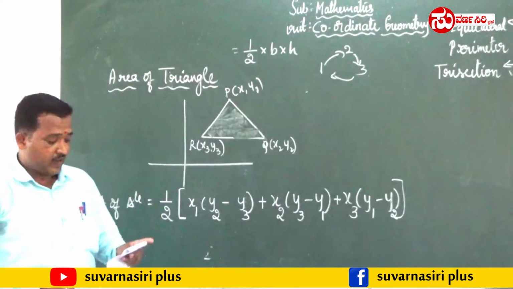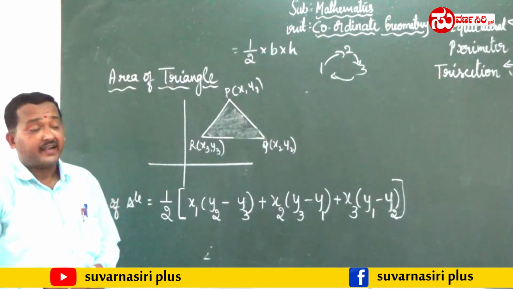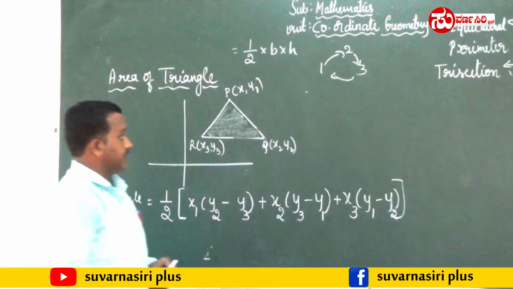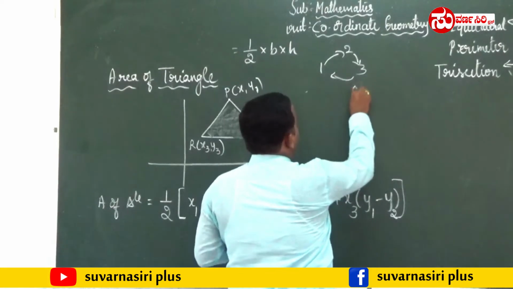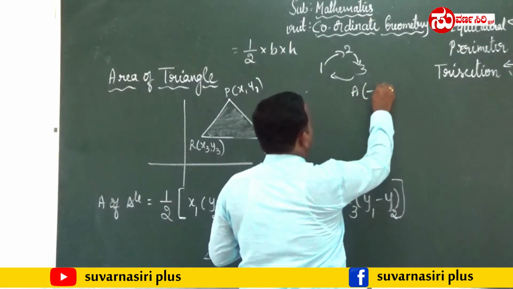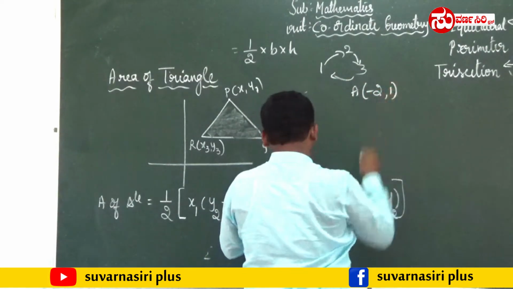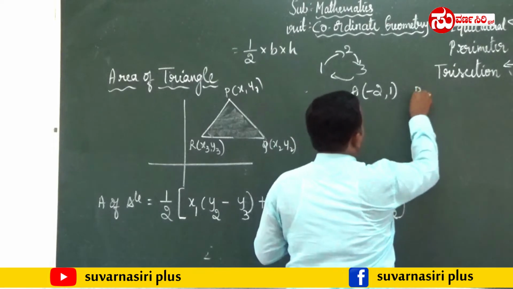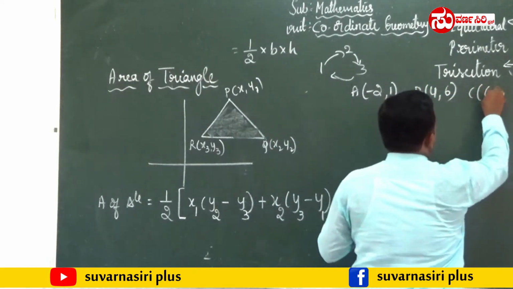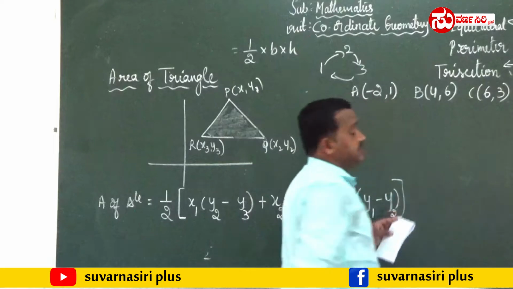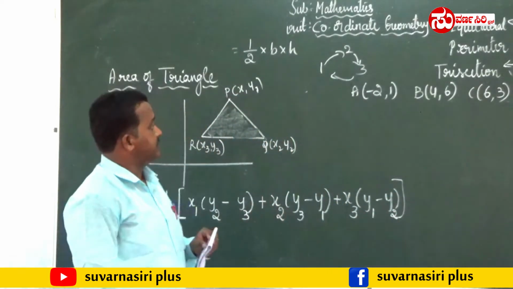Now let us see one example for finding the area of the triangle. The points are A of (-2, 1), B of (4, 6), and C of (6, 3). So there are 3 points.